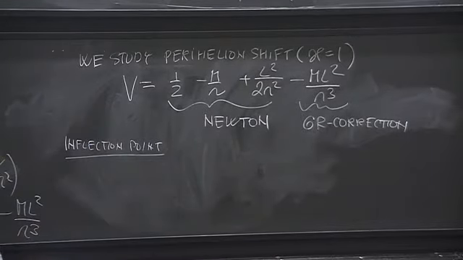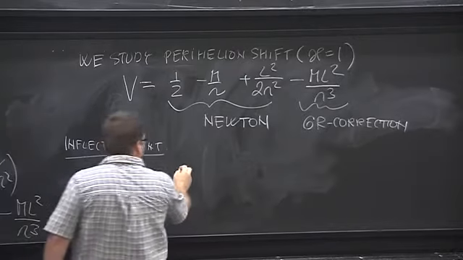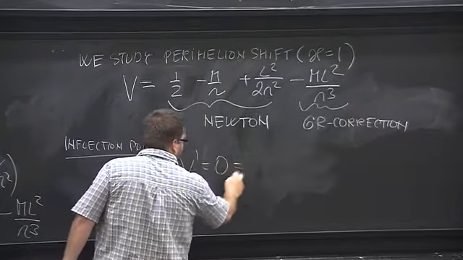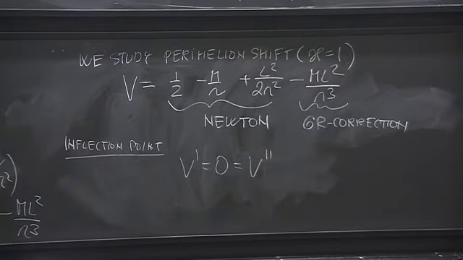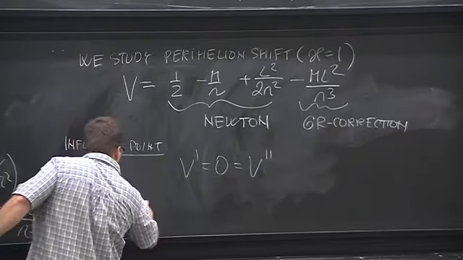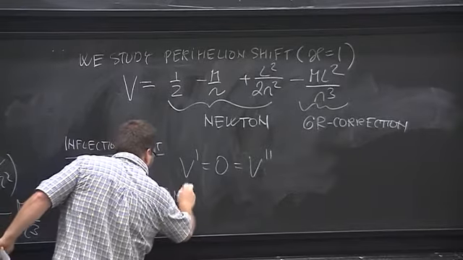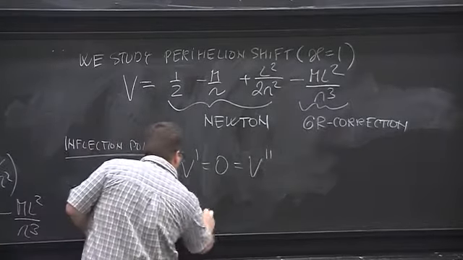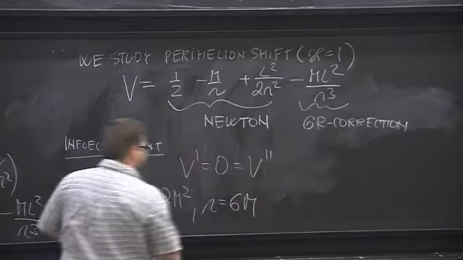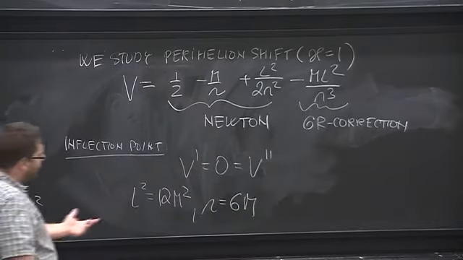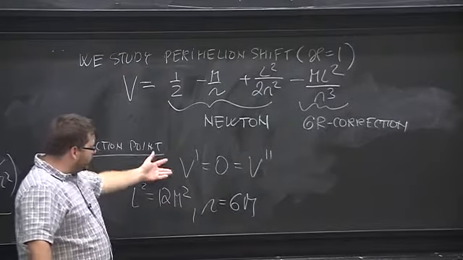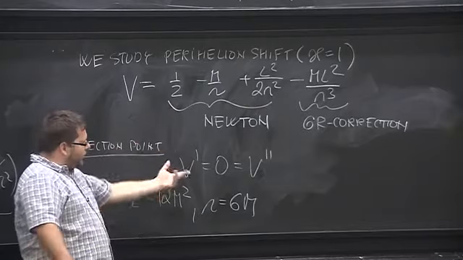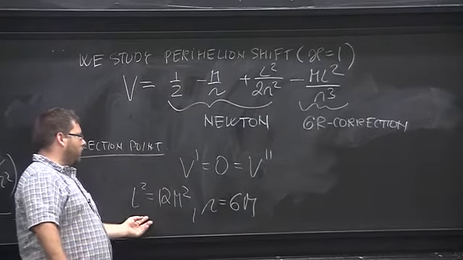Inflection point of the potential happens when V prime equals 0 and when V double prime equals 0 with respect to the radius. And you can show that this happens when L square equals 12 m square and r equals 6m. So something interesting will happen when r equals 6m and L square equals this value here. So I have two equations. I can just differentiate once or twice, and then solve for L and for r.